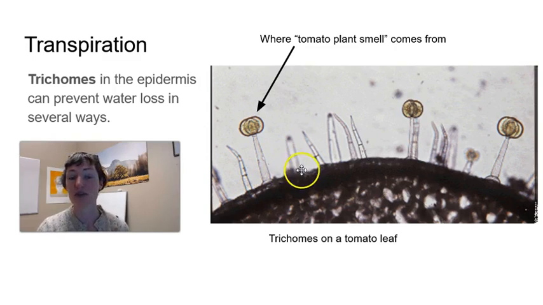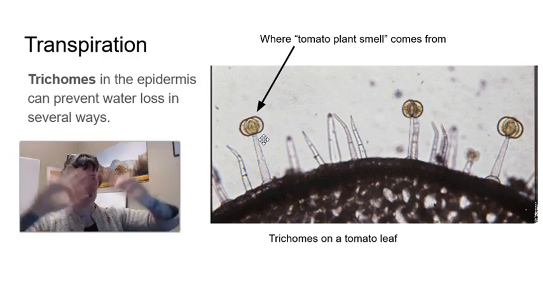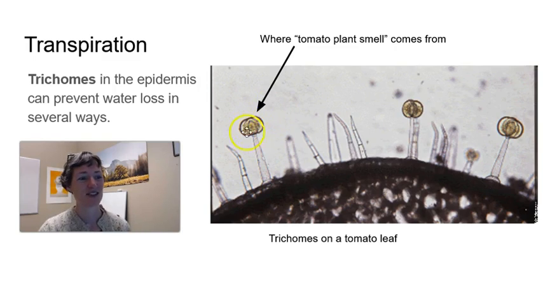These trichomes could prevent water loss, but they also have this sticky stuff that they're excreting into the environment. So this is not extremely sticky on tomatoes, and I can't remember what this compound is called. I should have looked it up. But this is where the smell of a tomato plant comes from.